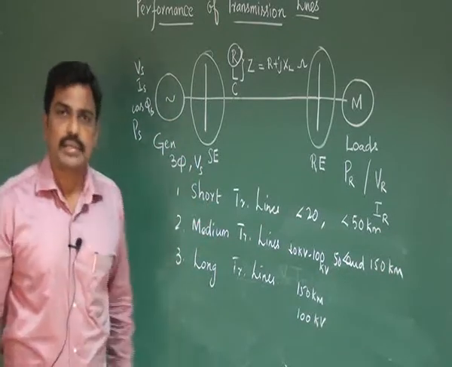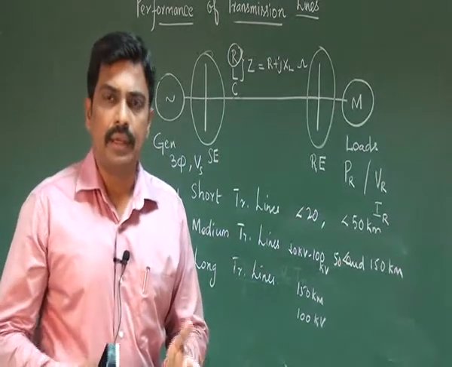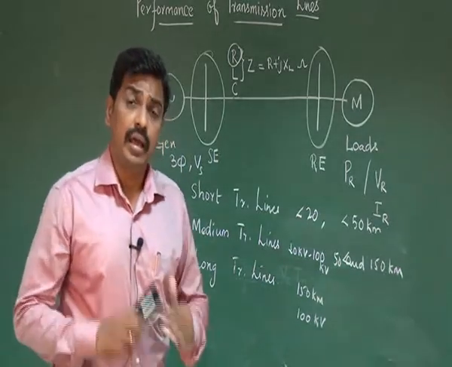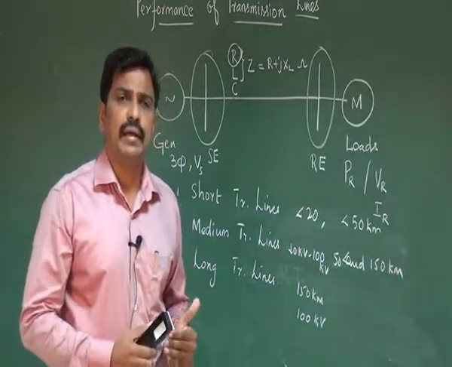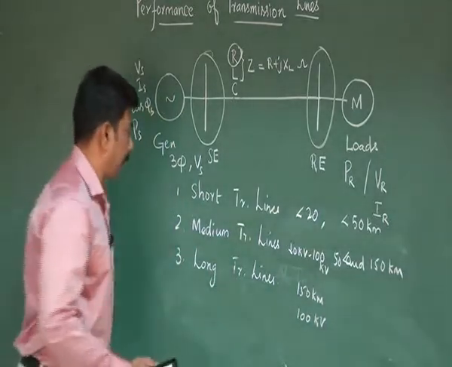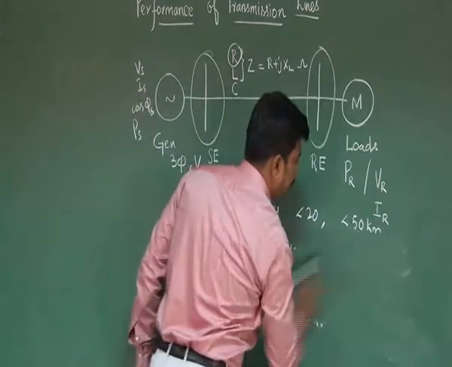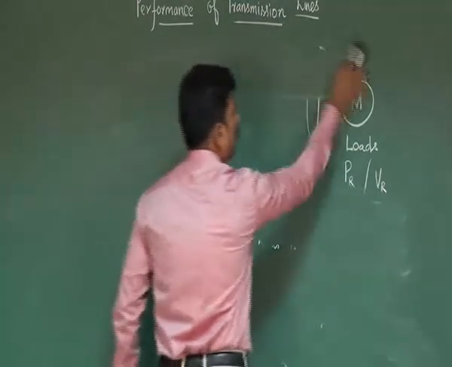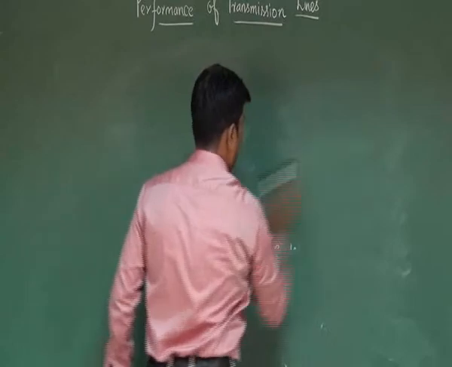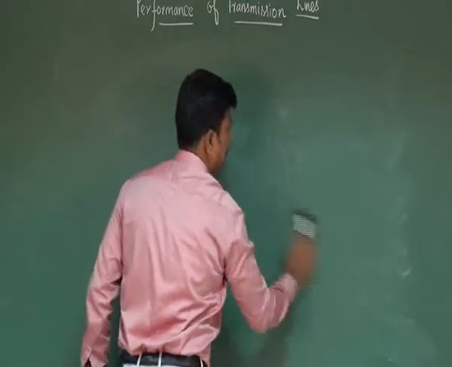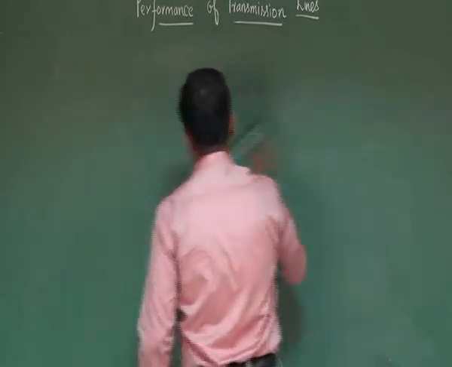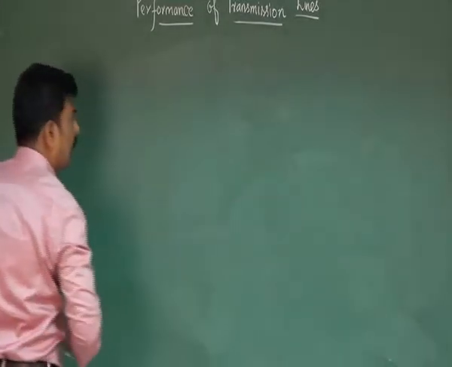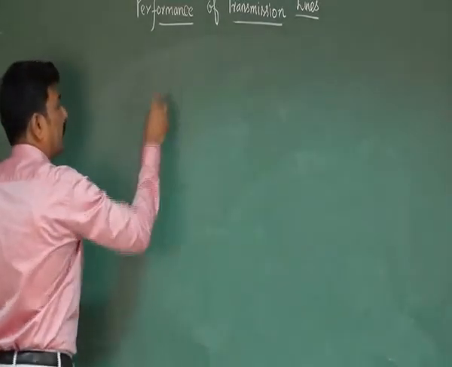For short transmission lines, how we are going to define the modeling of short transmission lines, how we are going to determine the performance considerations. Let me start with short transmission line, where we are going to eliminate the effect of capacitance.